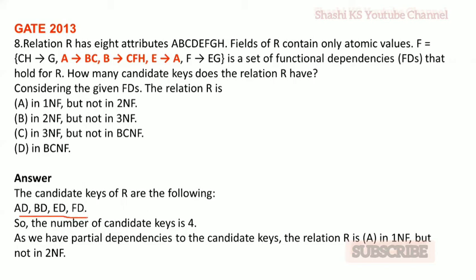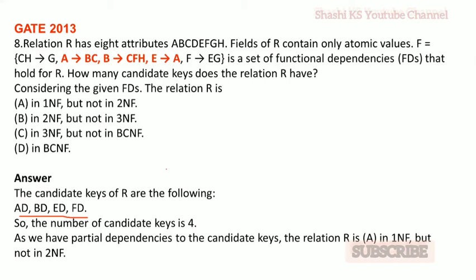So from that, when you see the functional dependencies, A determines BC, B determines CFH. So there is a partial dependency on the candidate keys. The candidate keys as a whole are not determining the values of B and C, etc. So since there is a partial dependency, this relation is only in first normal form. It is not in second normal form.